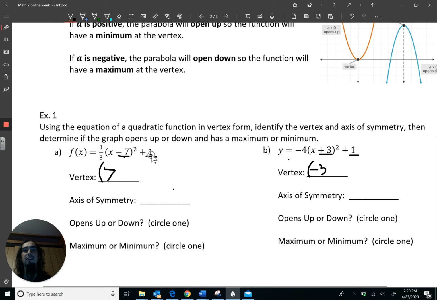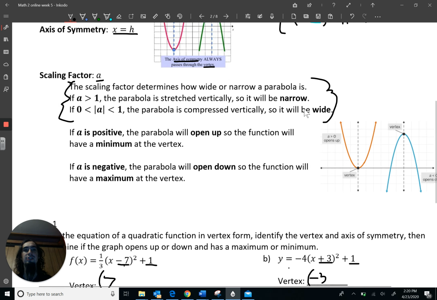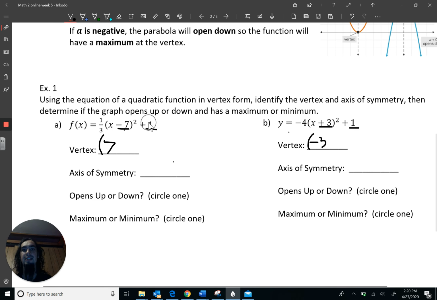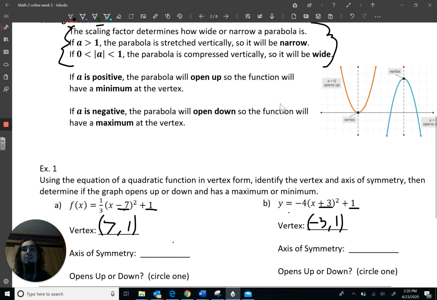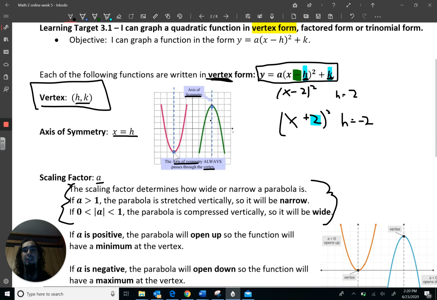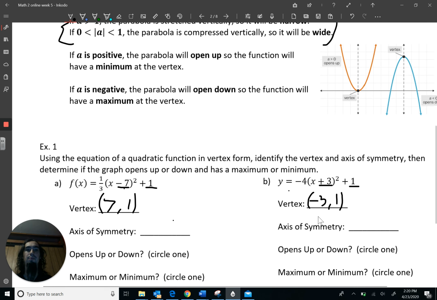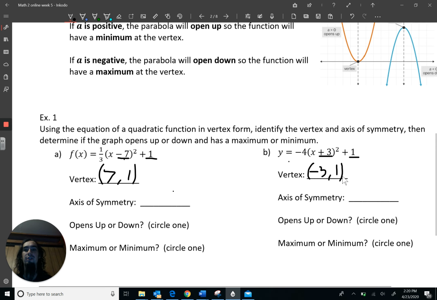Now, k is not opposite. k says plus k, so that means we're not taking the opposite. So when I see +1, I'm going to leave that as a +1. And if I see +1 here, again, I'm going to leave that as a +1. And I'm making these coordinates because the vertex is a point. It's a particular point on the graph. So I'm going to make sure that I answer my question written as a coordinate point. So there we go. I've got my vertex for each.